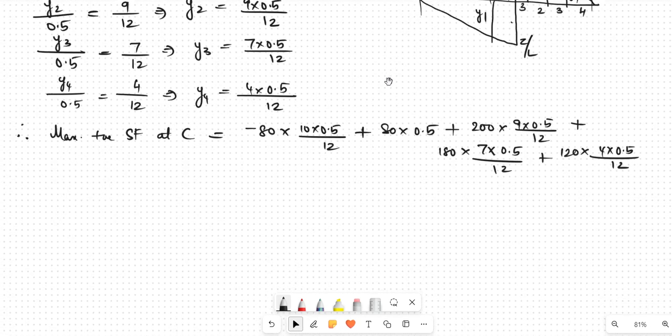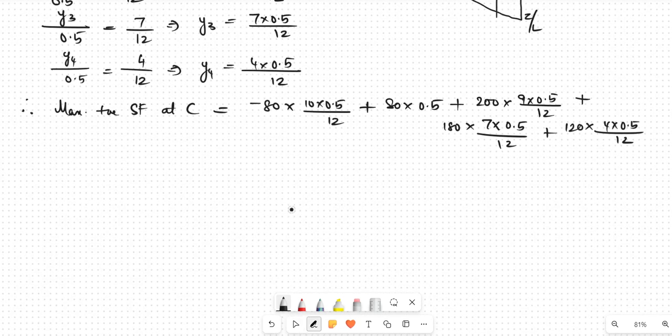Okay. Simplifying this, you will get a value of 154.167 kilonewton.